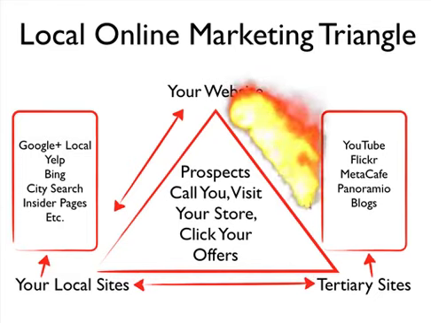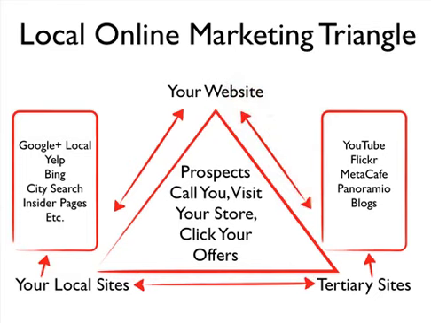Now, independently, they're fine, and they're each going to do a bit, but when you start referencing amongst these three, amongst all the local sites, the tertiary sites, and your web page, when your pictures on one site reference back to another and vice versa, you're creating this really strong web that Google as a search engine is going to find, say, hey, this is a really credible site, and it's going to present you higher up in the search results, both for your website and for your local sites. And we'll talk a little bit about those searches in a second.